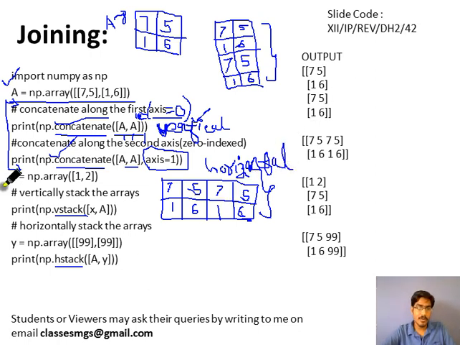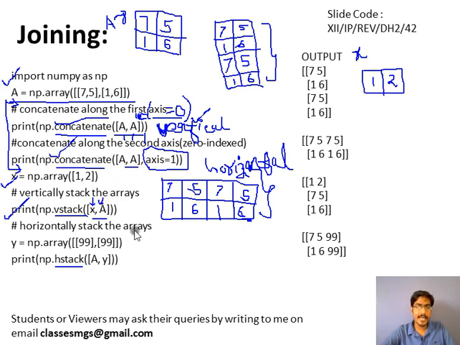Let me move ahead. Now we want to see this x equals to np dot array 1 comma 2. So which kind of array will it create? It will create a one dimensional array with the values 1 2. So this is the x array. Now we will see this np dot vstack, which vertically joins which arrays? X array and A array.